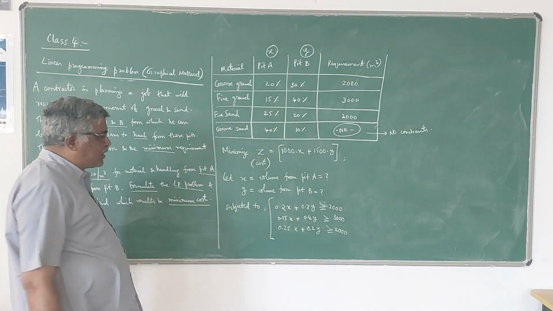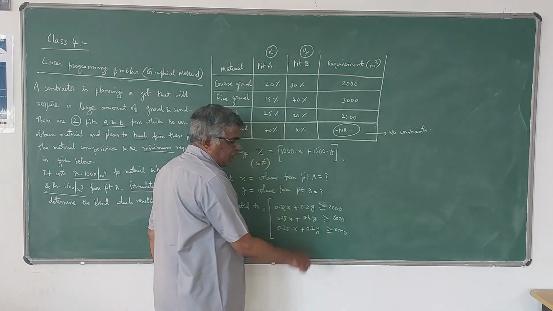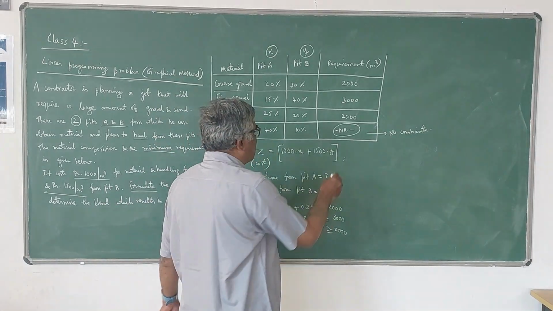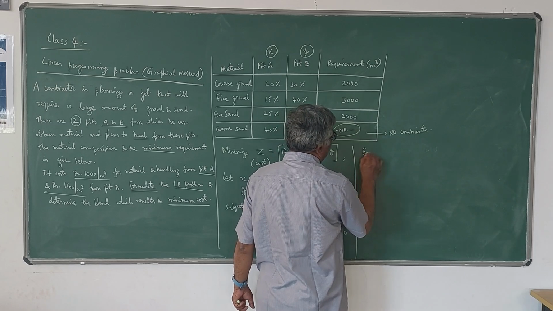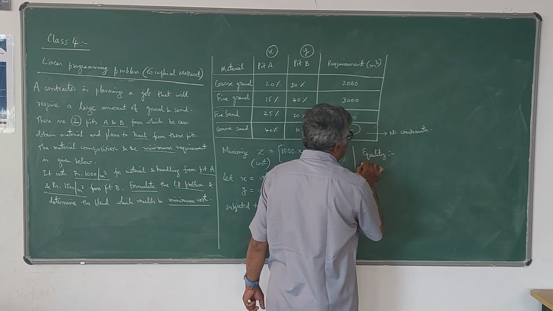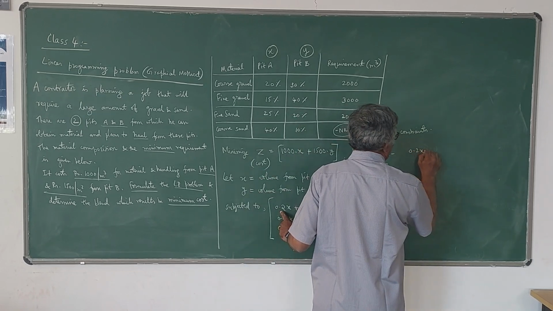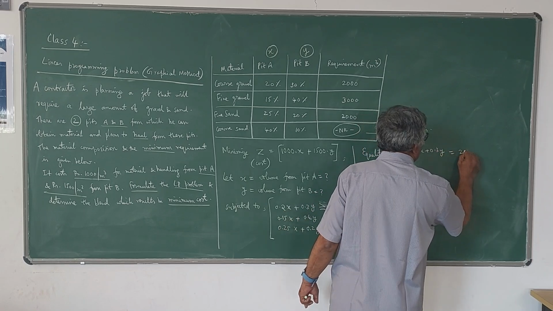So you have to plot the straight lines of these three inequalities by converting into equality. Now let us convert these three constraints to equality form. The first equation becomes 0.2x plus 0.3y is equal to 2000.